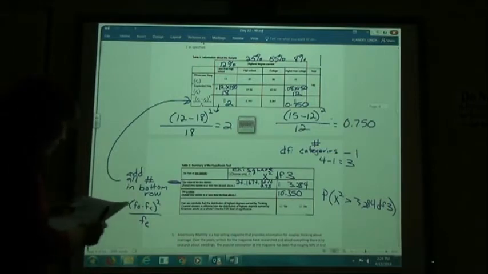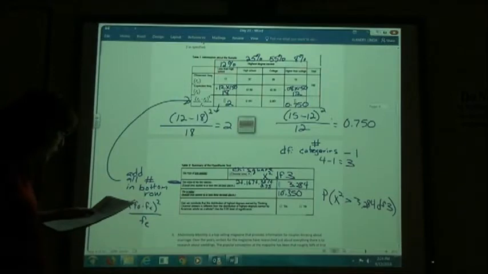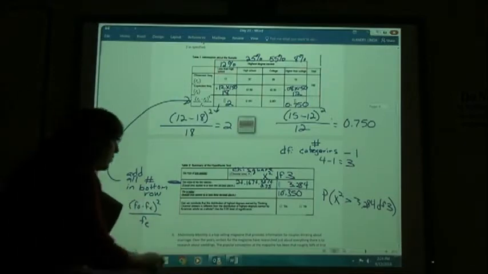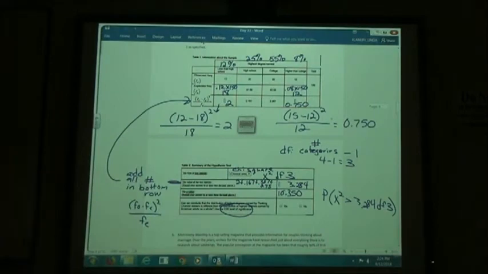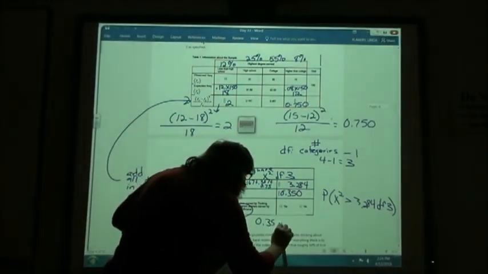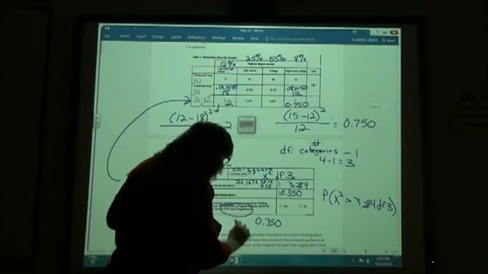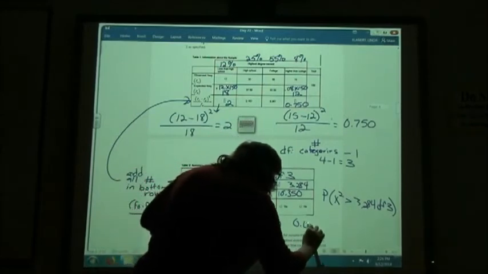So now we're comparing our p-value to what we wanted to compare to. We can see right here it said we were going to do a 5% level of significance. So, is 0.350 greater than or less than my 0.05?